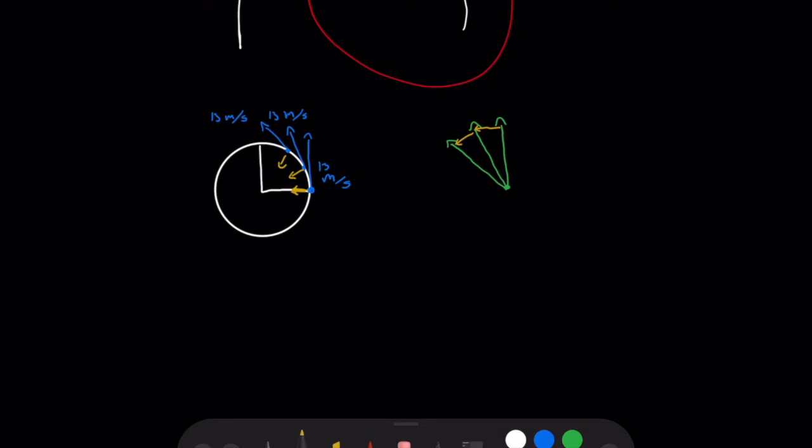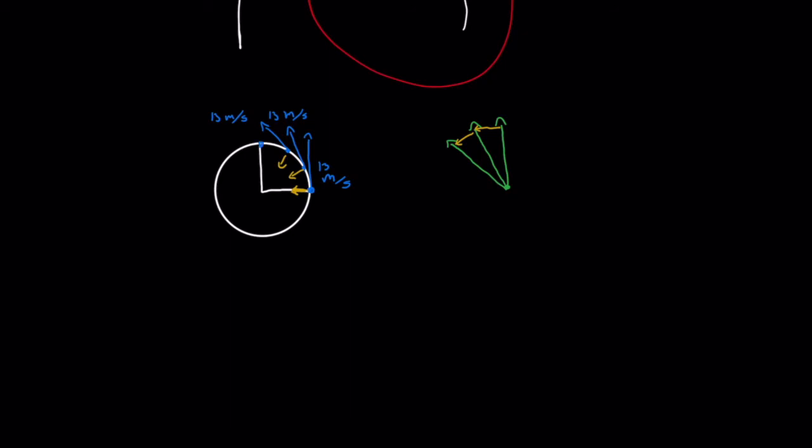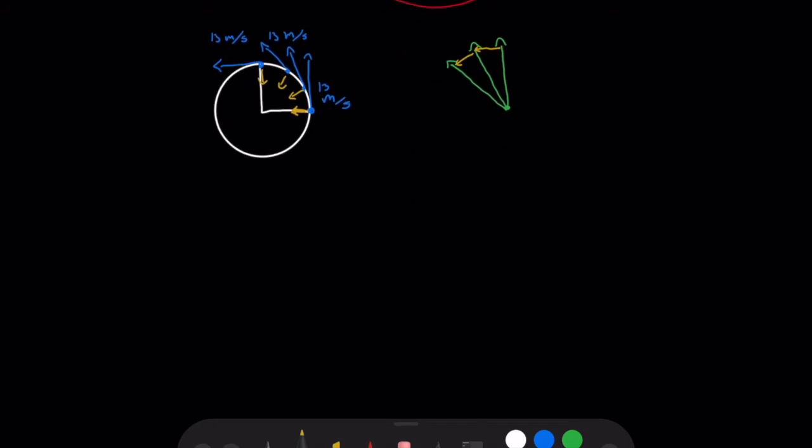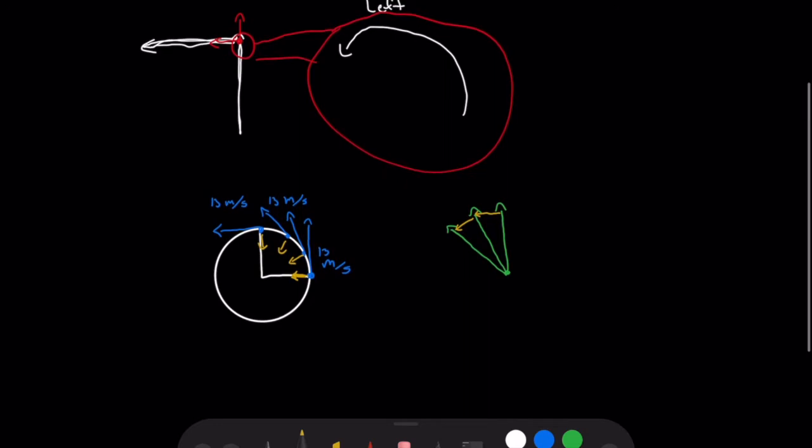And if we continued that, velocity is always tangent to the path as it was banking around the curve till eventually we end up here. But in order for it to keep changing direction, there has to be that external force. And so what that force would be is the friction between the tires of the car and the road itself.